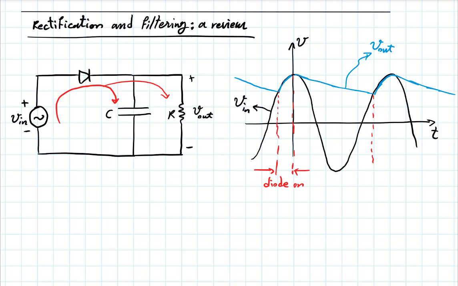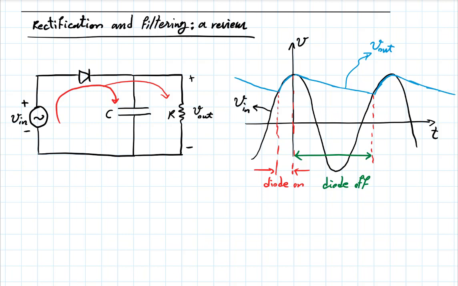When the diode is off, what happens? So after the capacitor voltage or the output voltage has reached its maximum and the input voltage starts to descend, now if we didn't have the diode there, the capacitor would just follow the input.